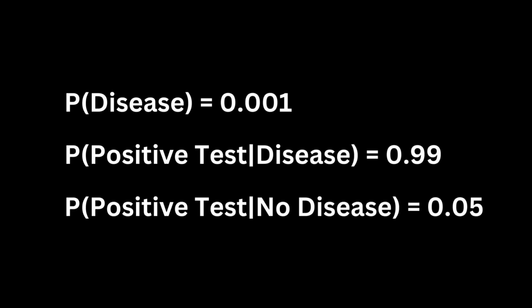We already know the probability that a person in the general population has this rare disease is 1 in 1000, so 0.001. And we already know the chance of getting a positive test result if a person has the disease equals 0.99. And if a person doesn't have the disease, there's still a chance of getting a false positive result, equal to 0.05.